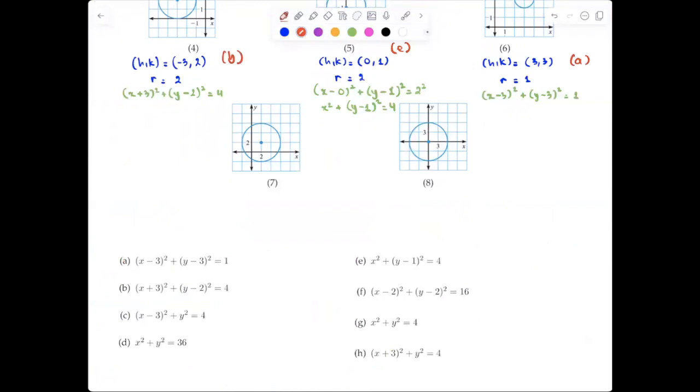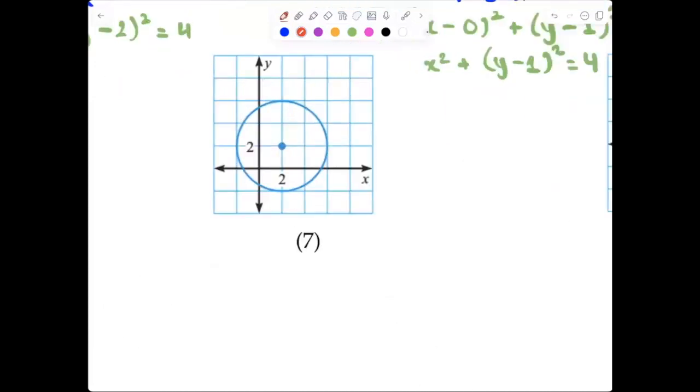Now for number 7 and number 8, you have to be careful because of the scale on the axis. In this case, the scale is 2 for 1 unit, so 1 box is equal to 2. So the radius is 2, 4, and the center is 2, 2.